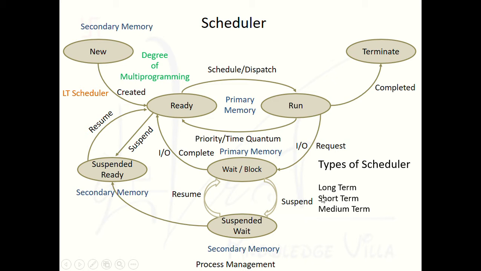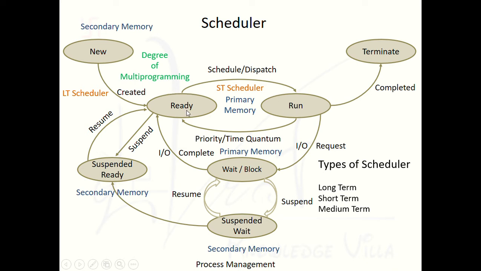Second, our second type, the short term scheduler. The short term scheduler works in between the ready state and the run state, and the run state and the ready state. What is the role of the short term scheduler? Whenever a number of processes are available in the ready state, the short term scheduler selects which process is going to run out of them. Then the short term scheduler calls the dispatcher, and the dispatcher allocates the CPU to that process, and the process is scheduled and reaches from the ready state to the run state.